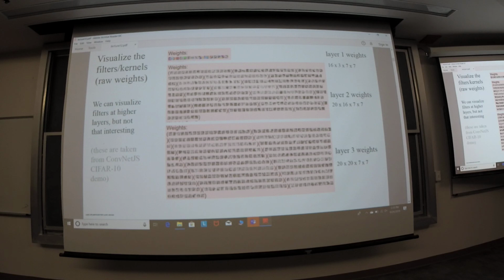In the next block, you see filters of size 7 cross 7, but there are 20 such filters in this layer, because the first layer produces 16 outputs, and then we have 20 different convolutional filters in the second layer, each of size 7 cross 7, which produce another set of outputs.